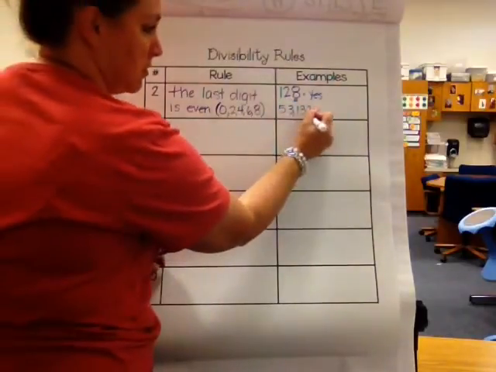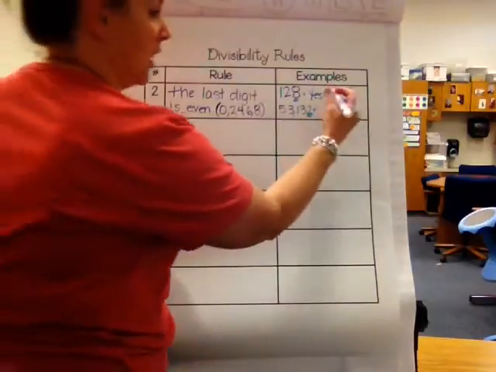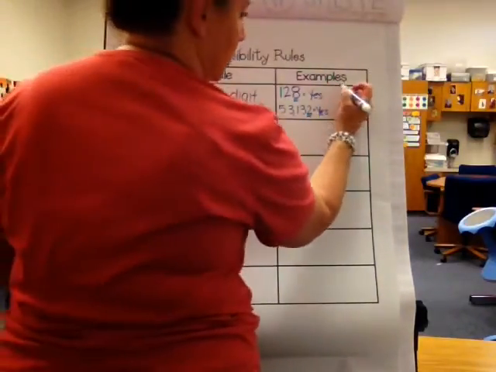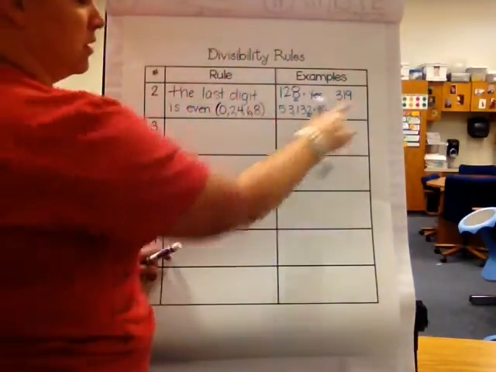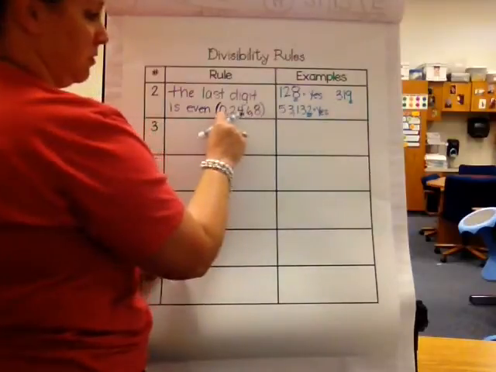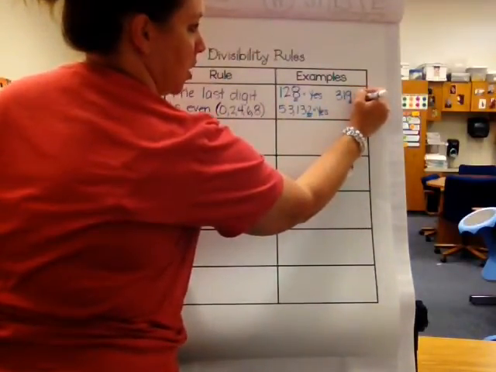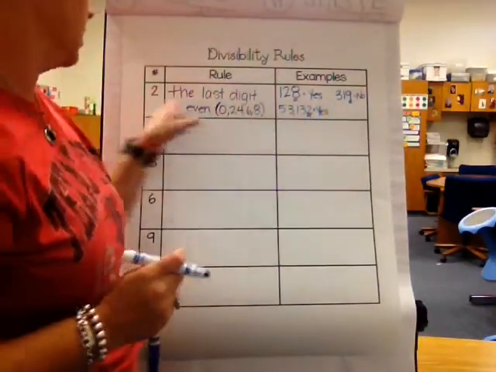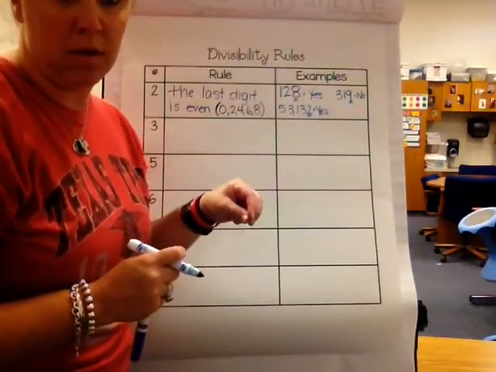Last digit is even. Is it even? Absolutely. Therefore, yes. We have the number 319. Last digit is a 9, so therefore no. When you're talking division, if I were to divide 319 by 2, because it's not evenly divisible, I would get a remainder.